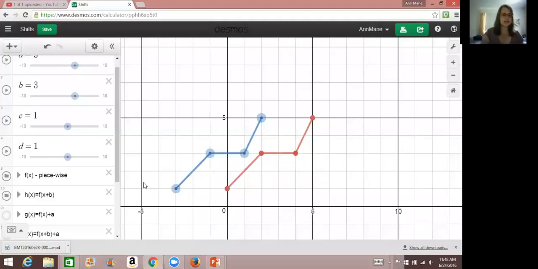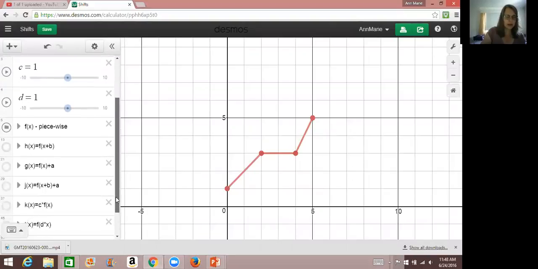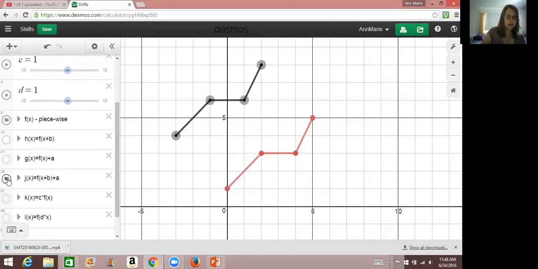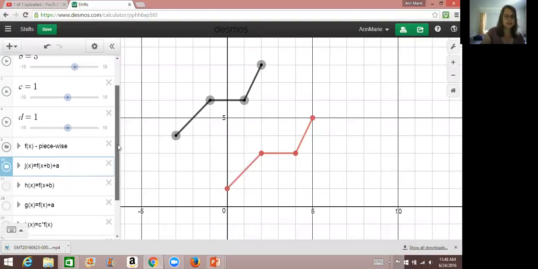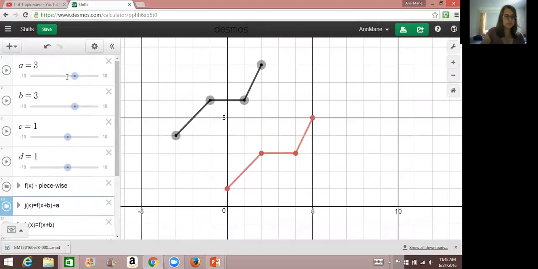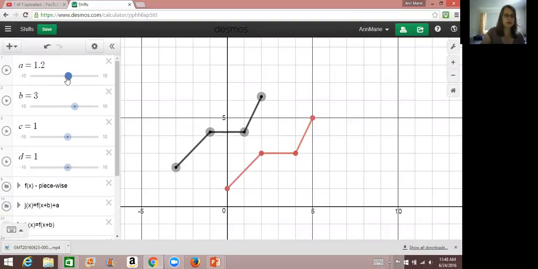Let's go back to my example here, and let's talk about what's happening. This guy has got both a horizontal and a vertical change. I'm going to put him back where he belongs.